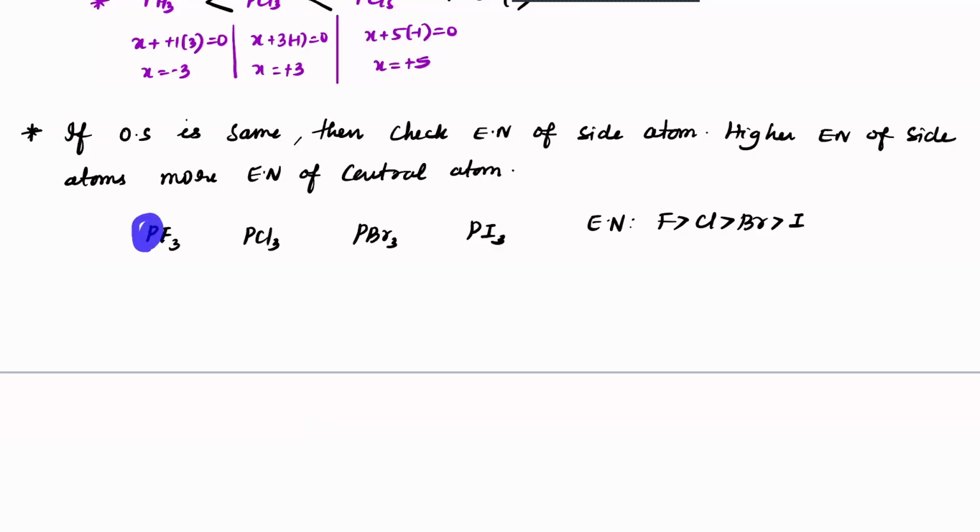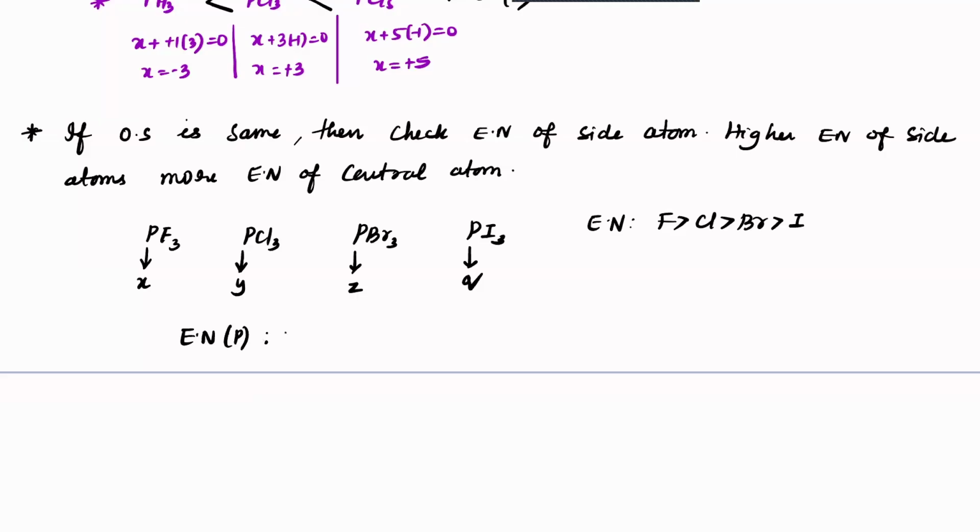If we say the phosphorus here is X, here is Y, here is Z, and here is some Q, then the electronegativity of the phosphorus in all these four would also vary.